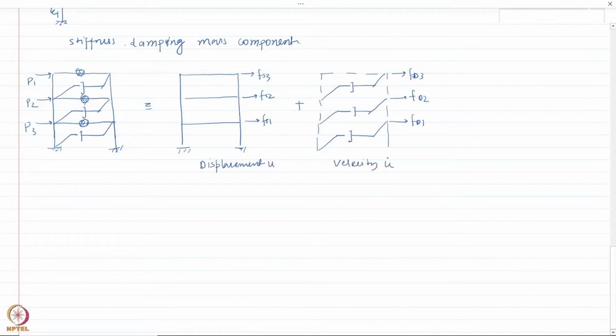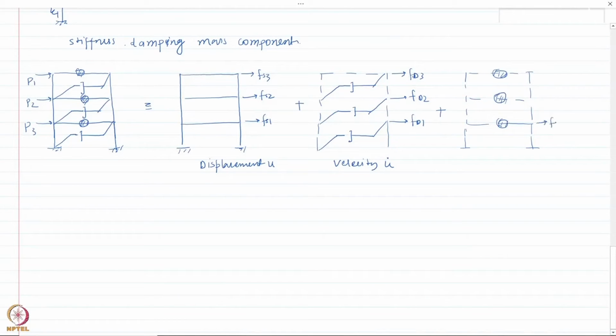And then the third component is the mass component, where we are not going to consider the frame or the damper, but we are only going to consider the masses at different levels. So I only have these masses at different levels, and the forces that are being applied are actually the inertial forces.